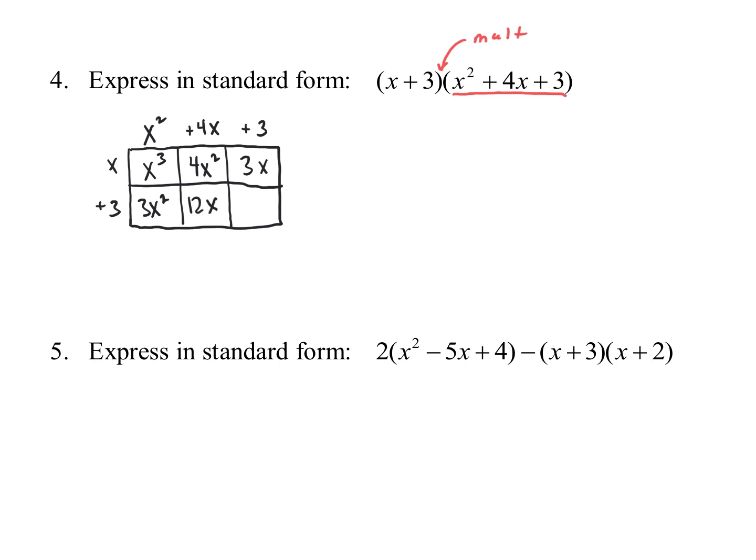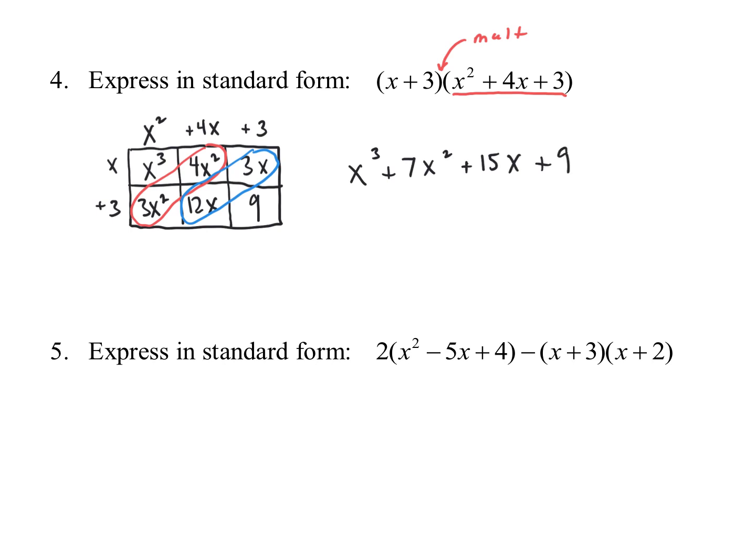So now I'll have these as like terms, the x squareds, and I'll have the x's as like terms. So I'll start with x to the 3rd. I have that 4 plus 3, which is going to give me a 7. I'm just adding them together. I'll have that 3 plus 12, which adds up to a 15, and then I have the x, and then lastly I have the 9.